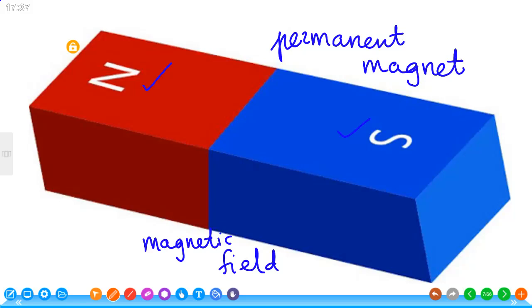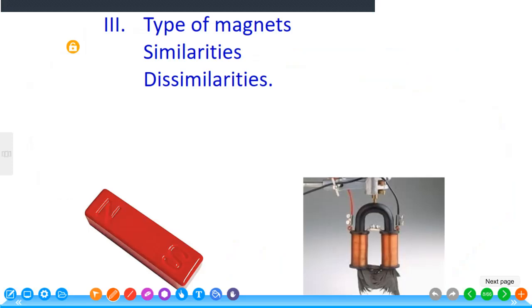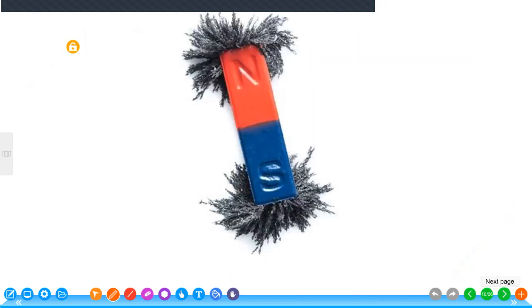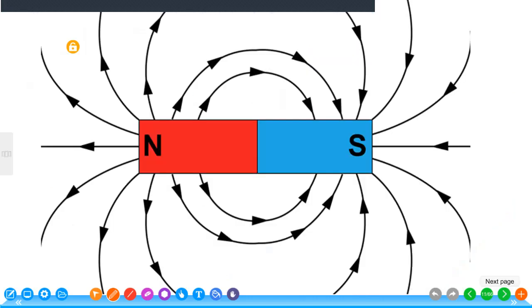Then when we consider this magnetic field, you can understand that it is made up of lines called magnetic field lines.